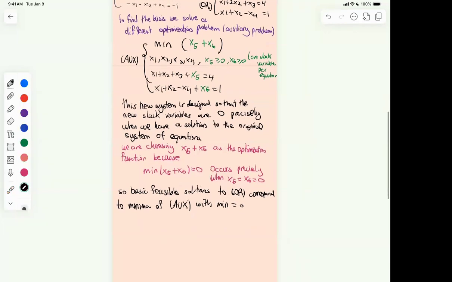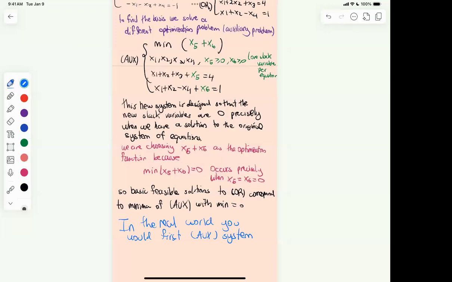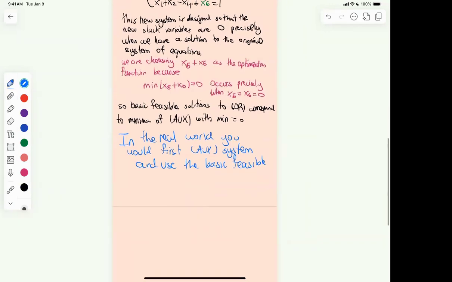In the real world, you would first solve the auxiliary system, find a basic feasible solution, and use the basic feasible solution that you find to start the simplex method for the original system.